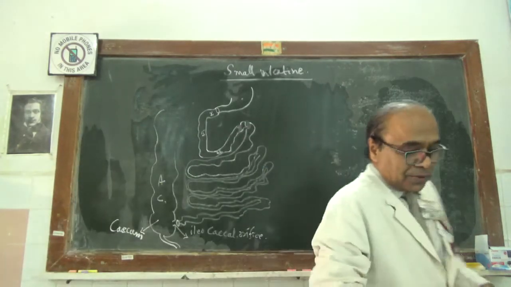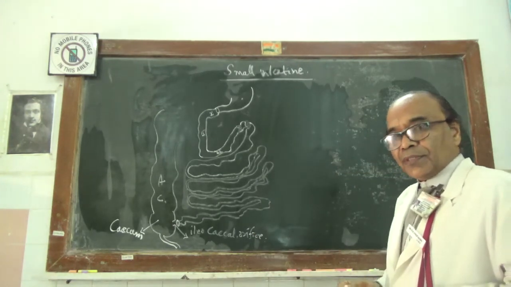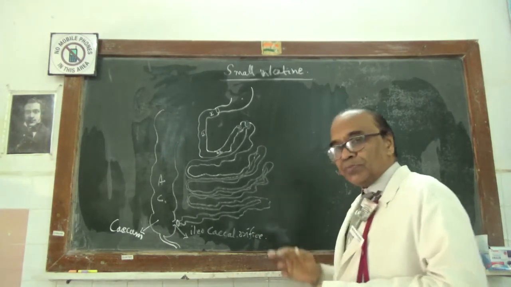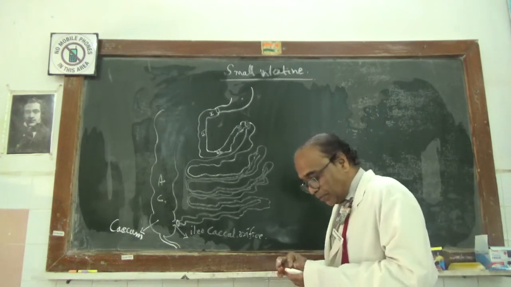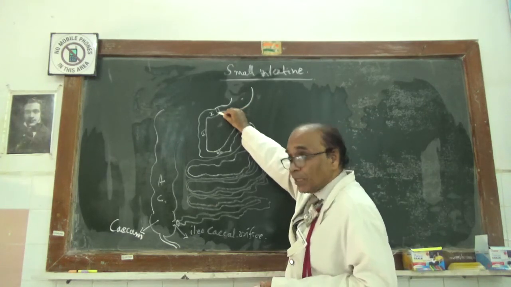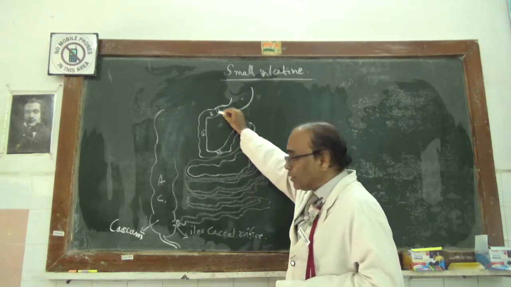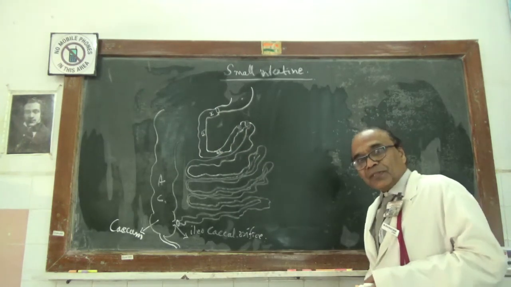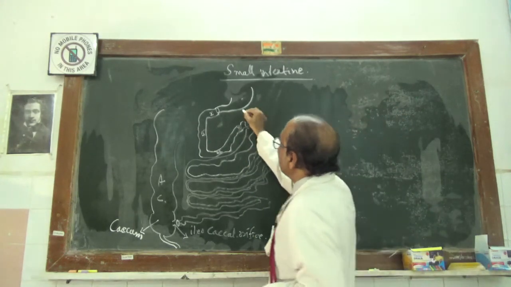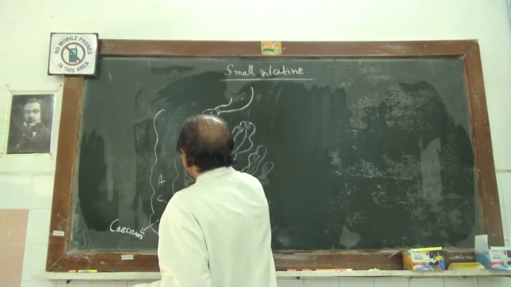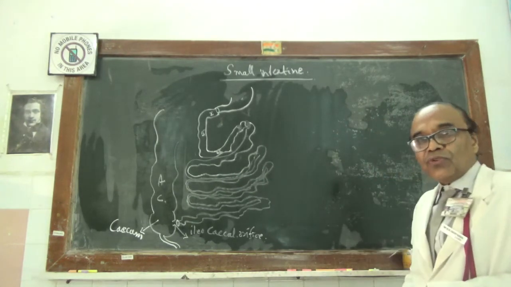So the small intestine will be in this pattern. For your understanding, in the foregoing explanation, it starts from the pyloric part of the stomach, that is the pyloric orifice, becomes the fixed part, the duodenum, and then it will be thrown into a number of folds.